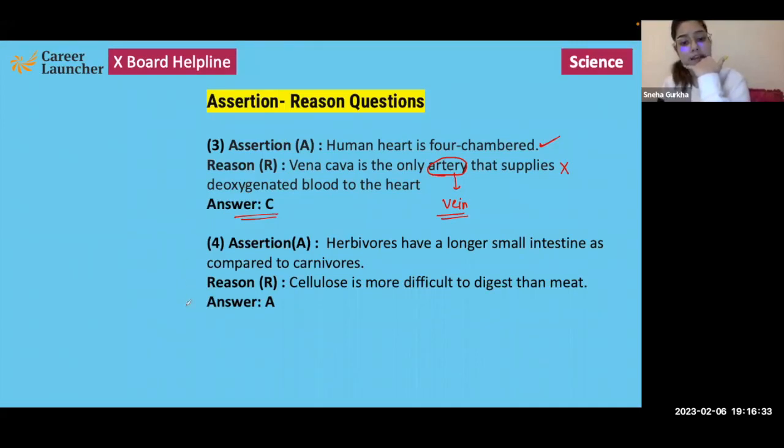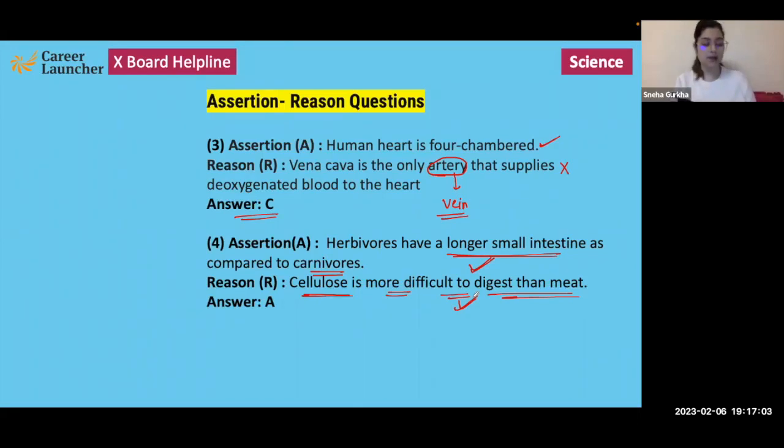Last set of statements. Assertion says herbivores have a longer small intestine as compared to carnivores. Reason says cellulose is more difficult to digest than meat. Both these statements are correct. Herbivores indeed have a longer small intestine as compared to carnivores. And the reason for this is because herbivores have a cellulose based diet.